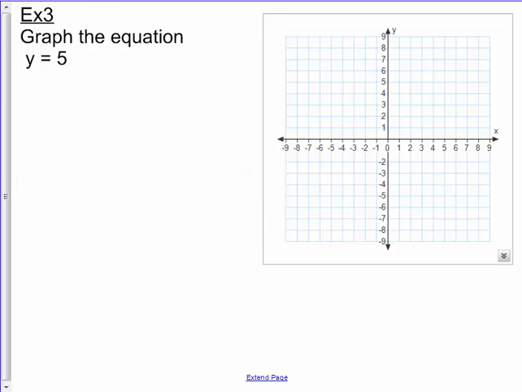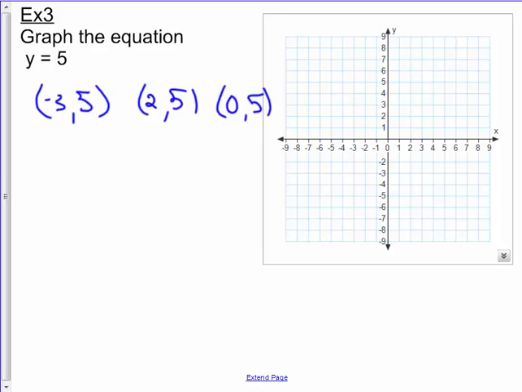In example 3, we're graphing the equation y equals 5. So when we graph this, something to notice is that there is no x in this. It's one of the special ones. In this case, I know that y is 5, so I'm going to find 3 points where y is 5. Now, when y is 5, x can be anything I want. So I'm going to plug in just numbers there. Negative 3, 2, 0. You can plug in any numbers you want.